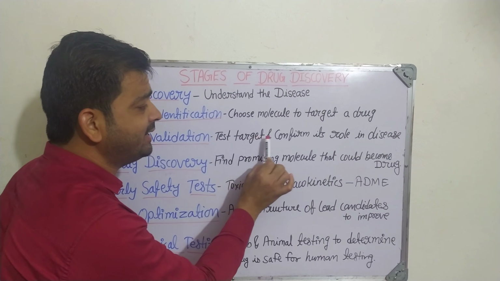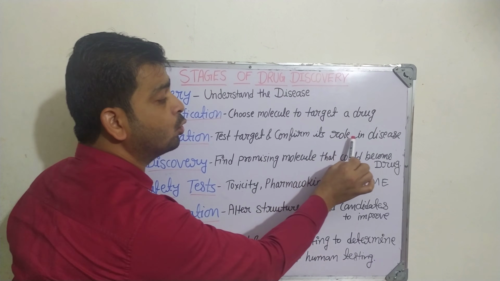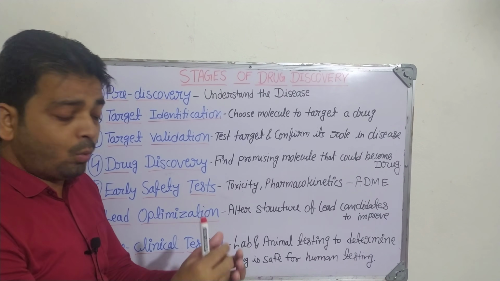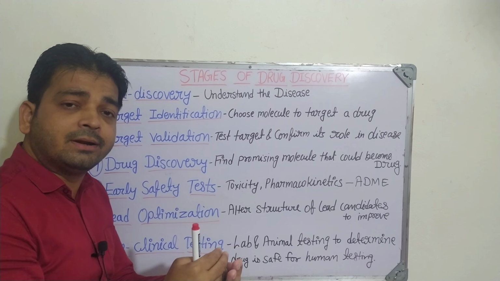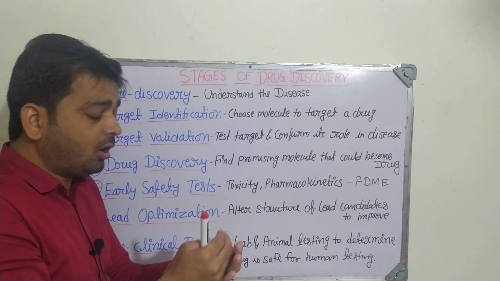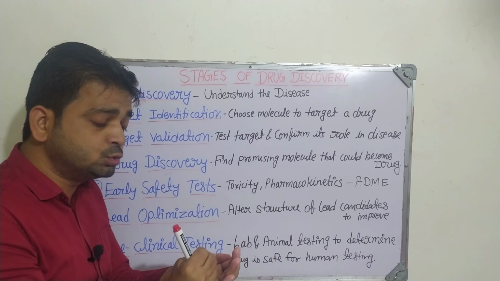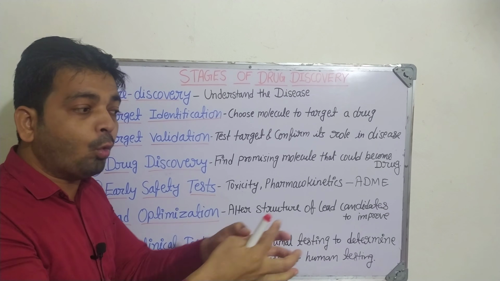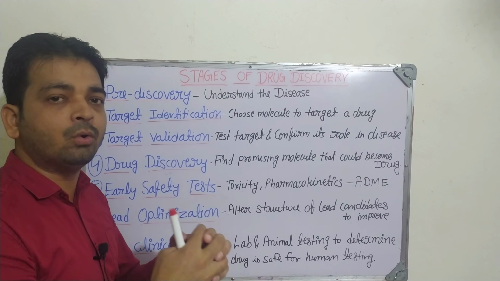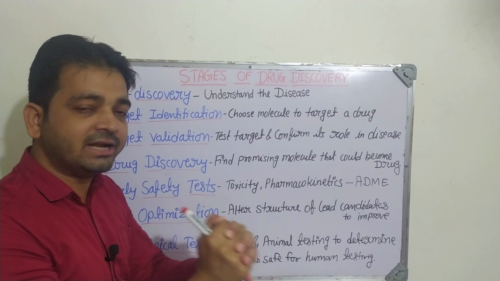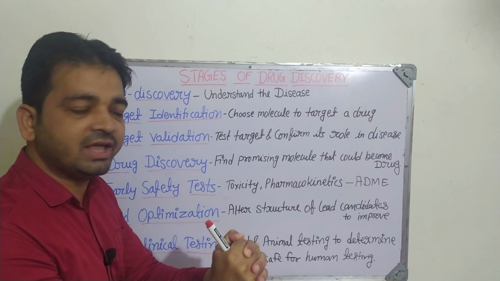Test the target and confirm its role in the disease. Whatever we are expecting, like alkaloid, glycoside, or tannin, has to play a role in overcoming diabetes, then only we are on the right path, otherwise it is going to fail.